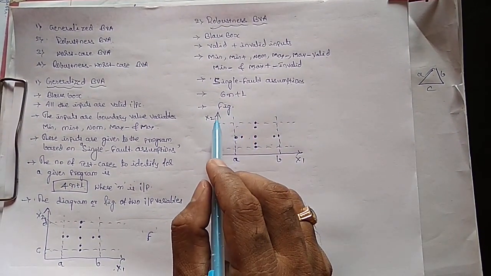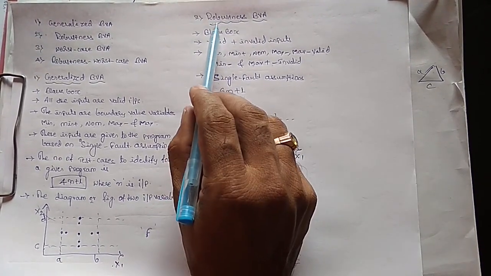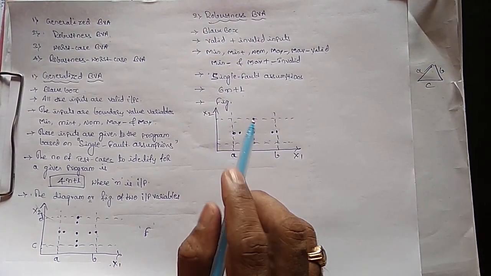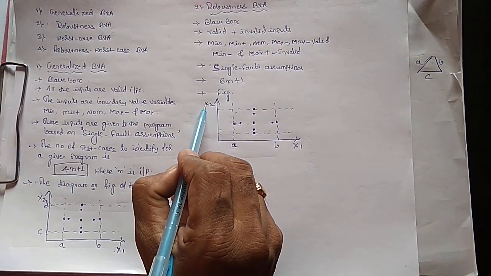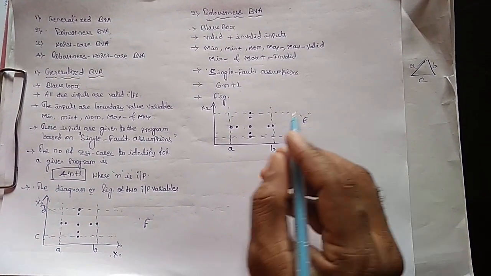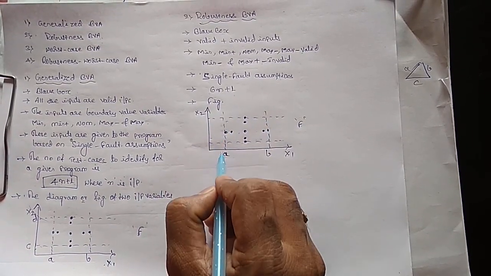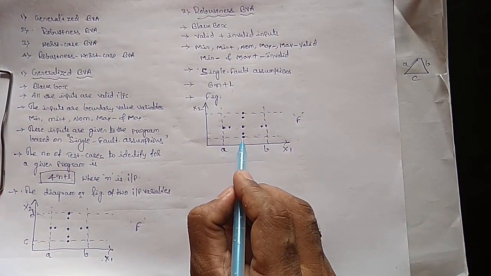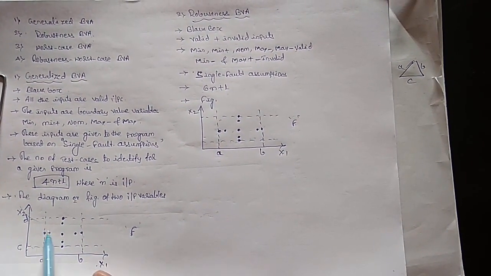Next, you can see here the diagram of how we specify the robustness boundary value analysis method for 2 input variables. Here x1 and x2 are the 2 inputs of a function implemented as a program f. This is the lower limit, this is the upper limit, and this is the lower limit, this is the upper limit. This diagram is the same as the generalized boundary value analysis method diagram.